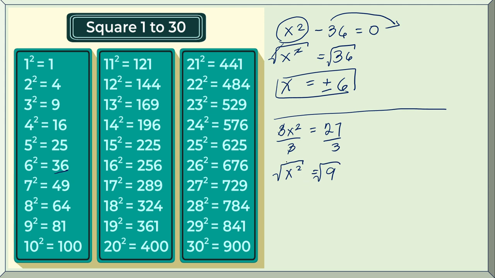So the square root of x squared, cancel this, we'll get x equals the square root of 9, that is positive and negative 3. Therefore, the value of x in the equation 3x squared equals 27 are positive and negative 3.